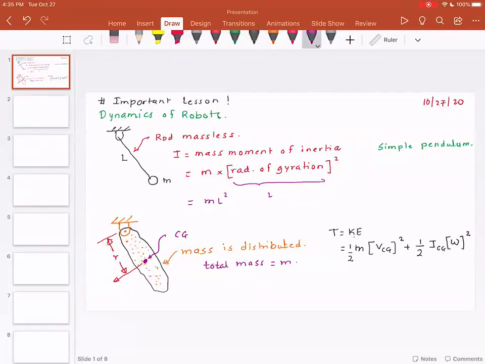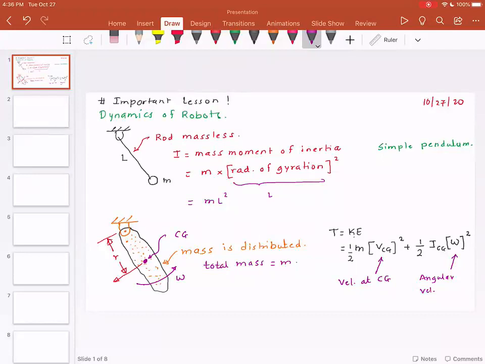I need to write these down. V is the velocity at CG and omega is the angular velocity. Now please note, angular velocity is this. I'm going to call this omega.